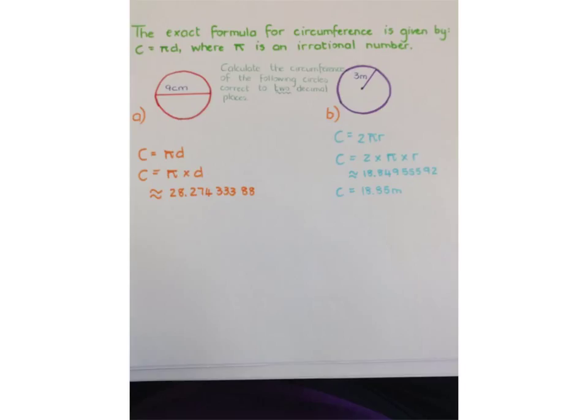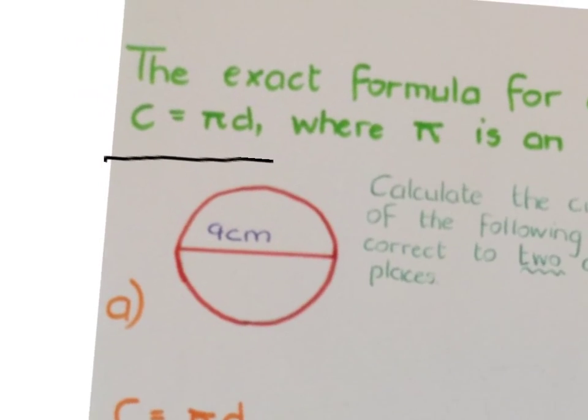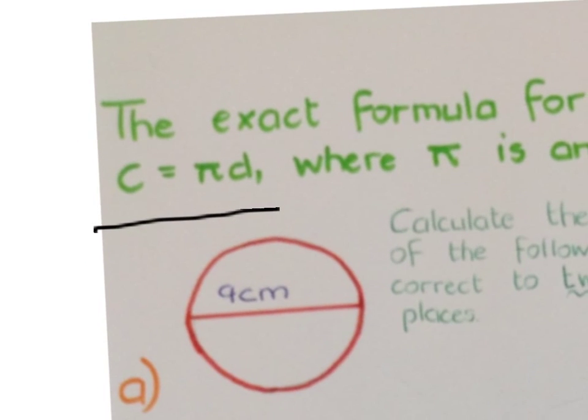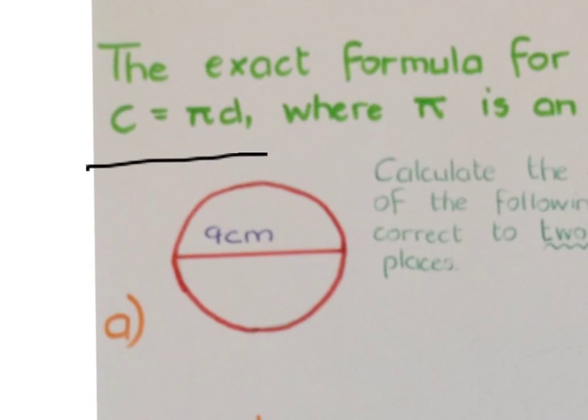Okay, so the exact formula for the circumference is given by C, and this is very important, you need to know this. Let's see if we can zoom in on this. There we go. If we're working out the circumference, your formula is C is equal to pi times D, which is your diameter.